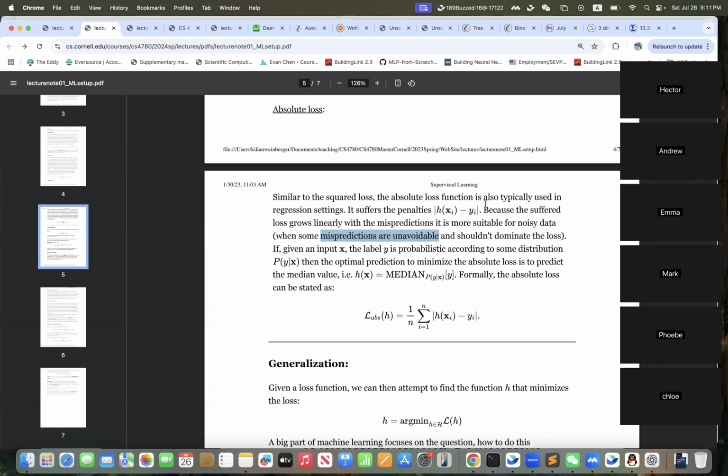Okay, let's first think about it for 1 minute. It's an open-ended question, with no single correct answer. Lots of answers are correct, and I want each of you to give some examples of when making predictions, mispredictions are unavoidable and should not be penalized, right?